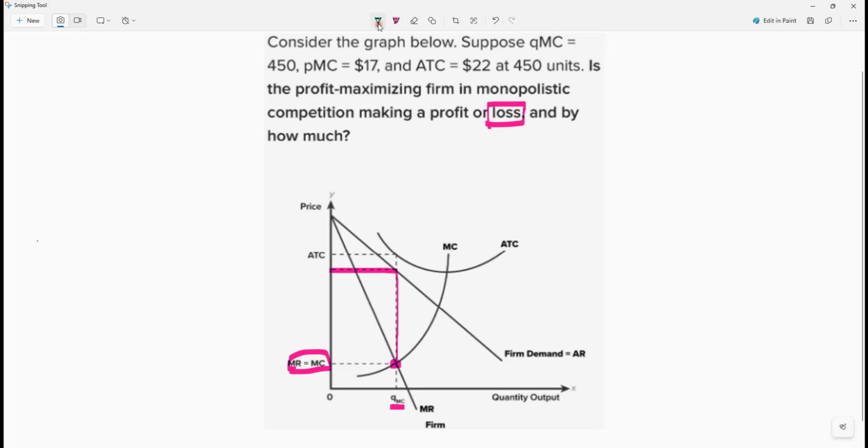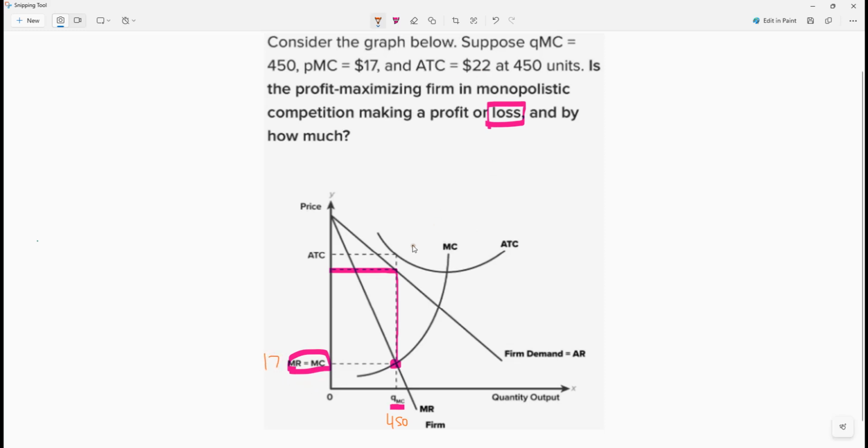Now in this problem, we're told what these numbers mean. So quantity where MC is 450. So this would be 450. And then price for MC is 17.